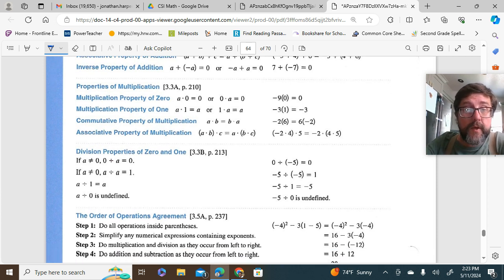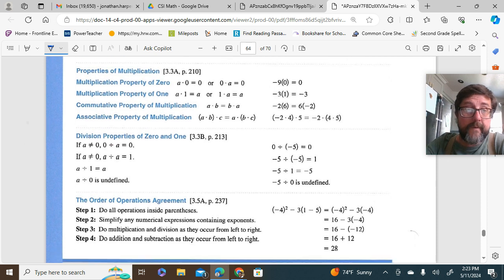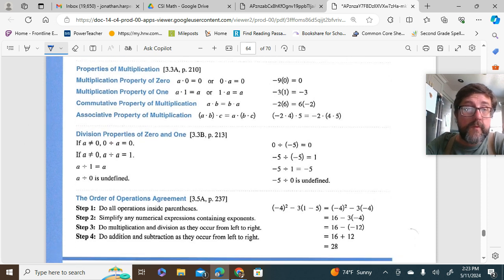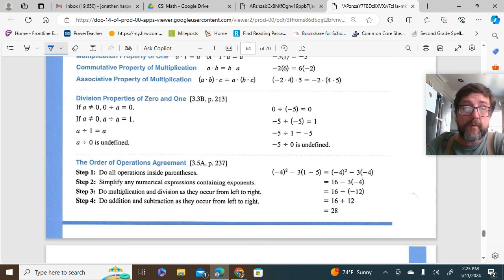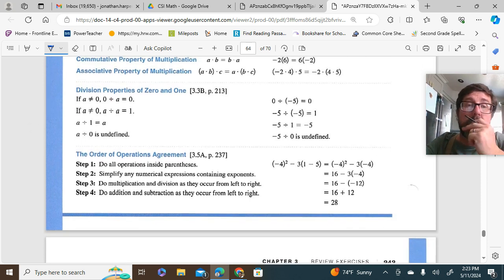Okay, multiplication property of 1: anything times 1 is the number you're multiplying by 1. Associative property of multiplication: a times b times c equals a times b times c. You're doing the same thing as with the addition.